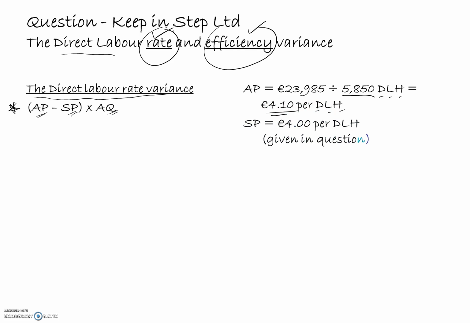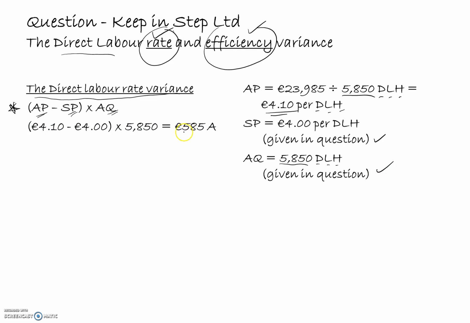Standard price is €4, given in the question, and the actual quantity, 5,850 direct labor hours, also given in the question. So if I pop that information in, I get a direct labor rate variance, remember we're in the rate variance, of €585 adverse.